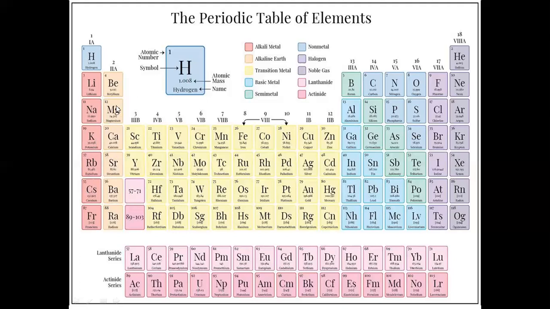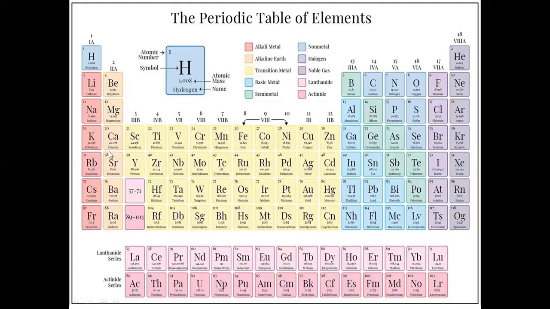Whereas magnesium has 2 in the first shell, 8 in the second shell, 10 is over. 2 more electrons are left. Those 2 more electrons are in the third shell. Outermost valence electrons are 2 in magnesium. The same with beryllium. Beryllium also has 2 electrons.